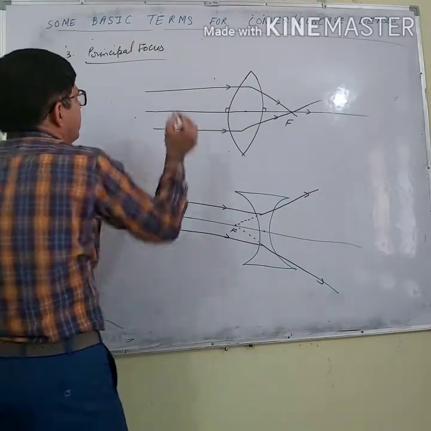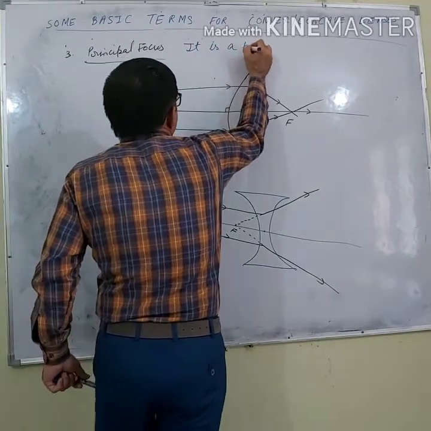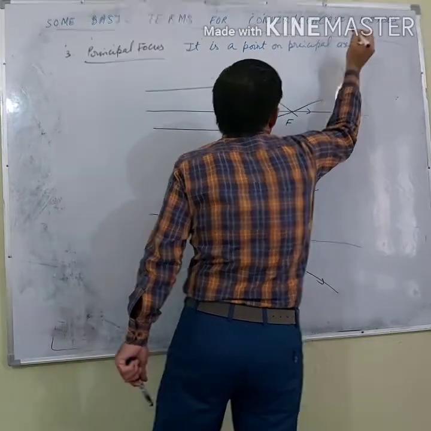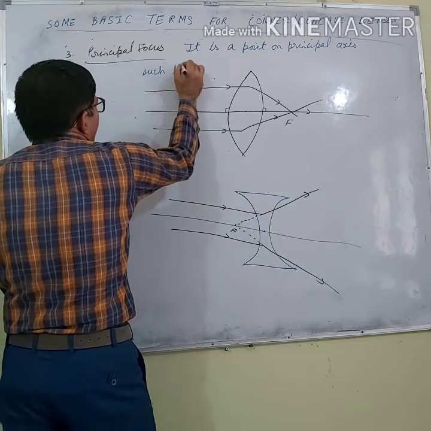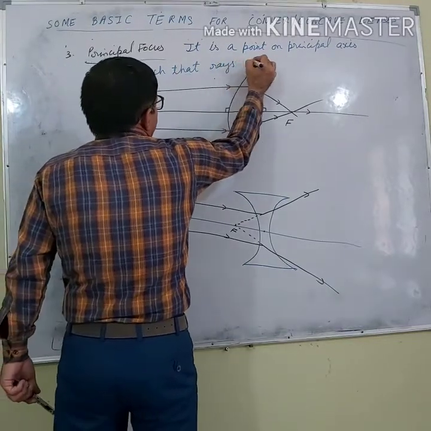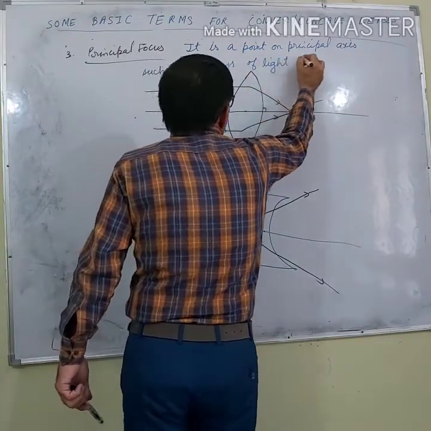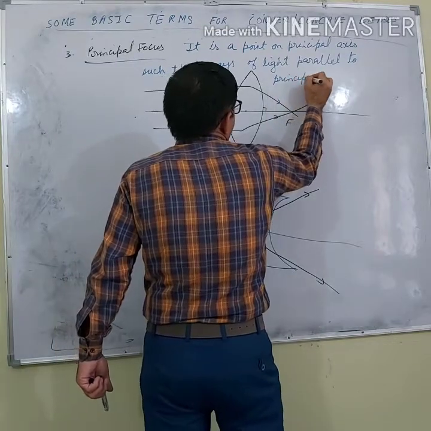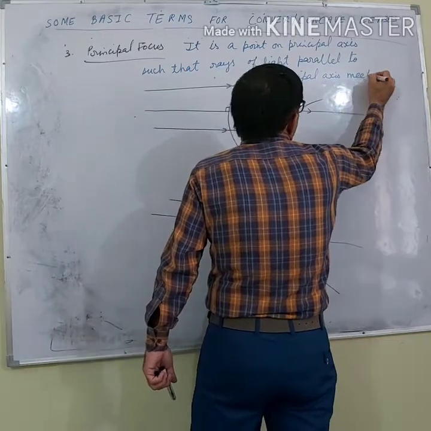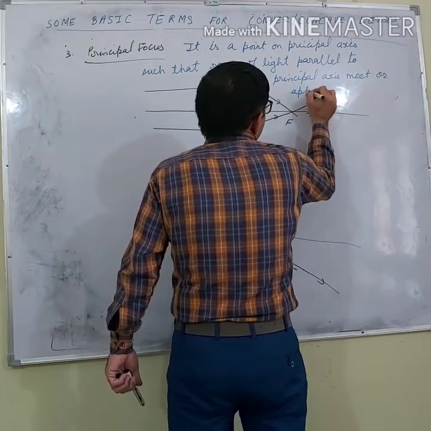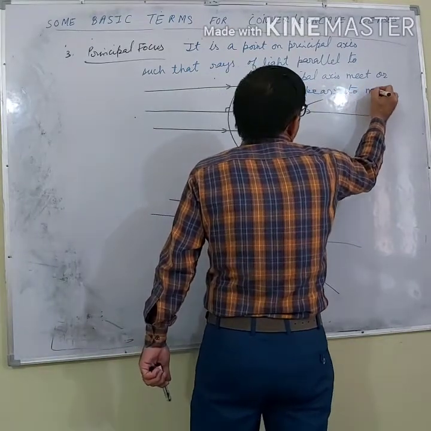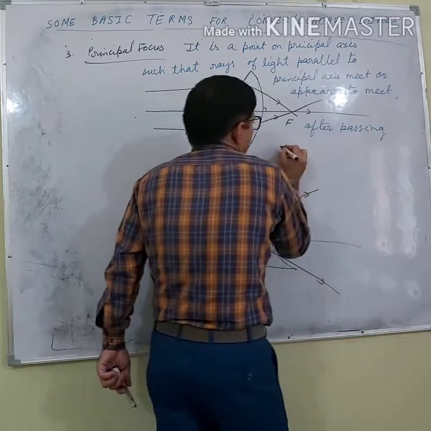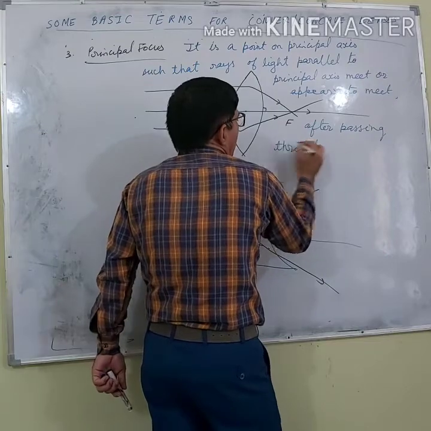Principal focus is a point on principal axis such that rays of light parallel to principal axis meet or appear to meet after passing through the lens.